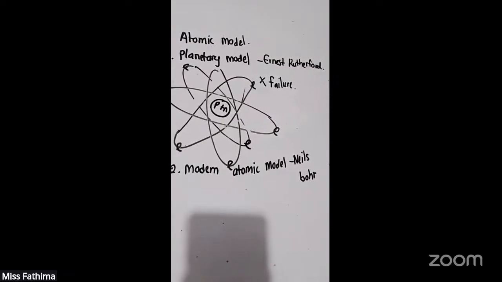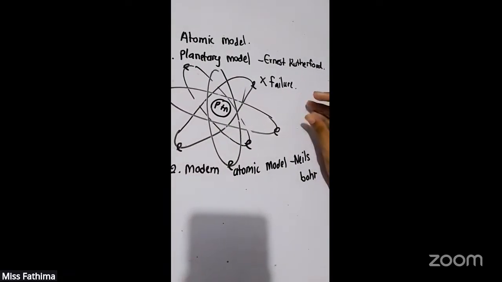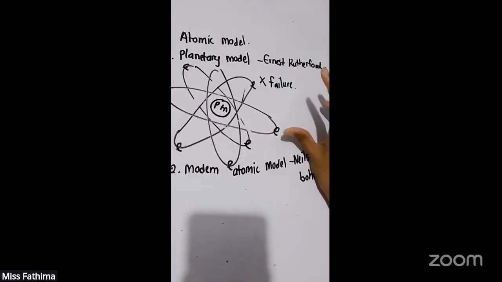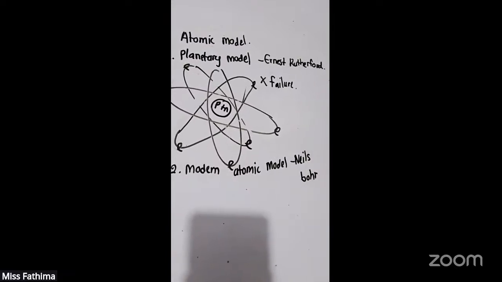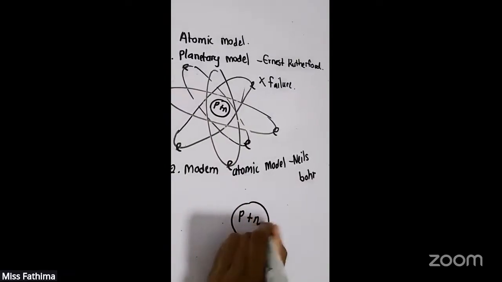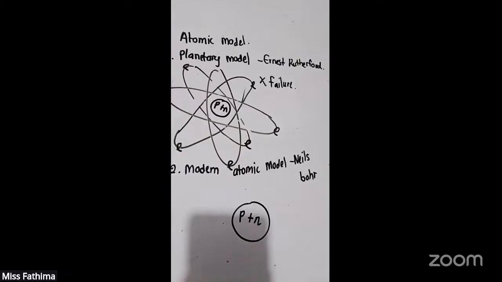Actually, children, this person took some idea from Ernest Rutherford's theory, which means he developed the concept of Ernest Rutherford. He took the same nucleus where protons and neutrons are accumulated, right?